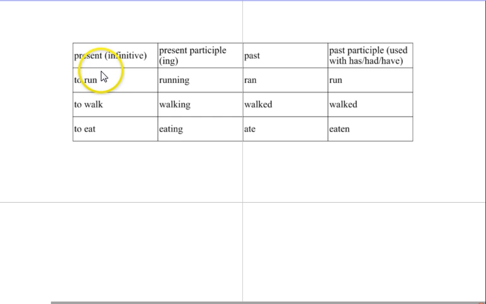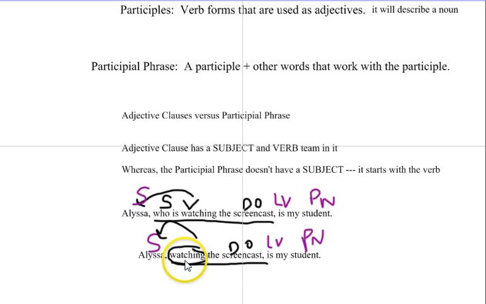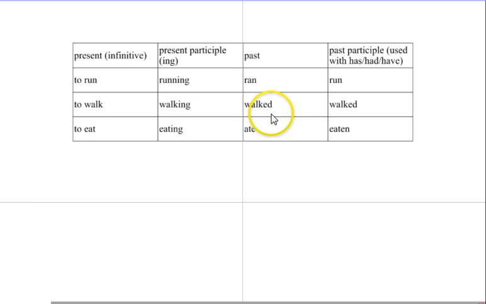So remember, with a verb, you have four forms. You have the present participle, that's the ing, that's what this was. Watching, watching the screencast, that's a present participle. And then you have the past, and then you have the past participle, which uses what makes it special, Alyssa, is that it's using these helping verbs had, has, and have.